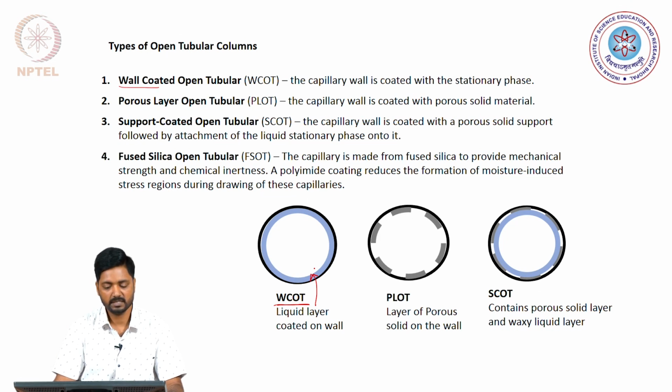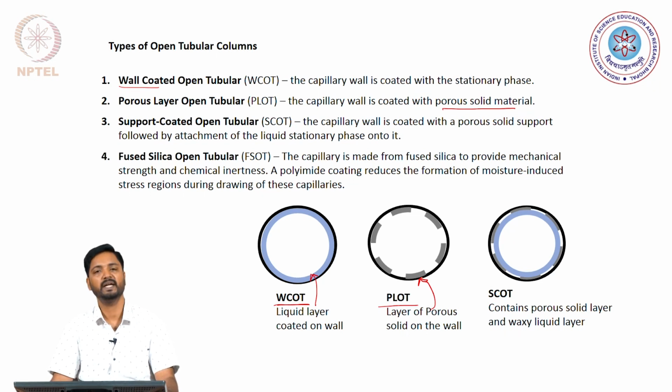The contrasting system is what is known as the porous layer open tubular, or PLOT, columns, which has a porous solid material, indicated by these gray structures, coating the inner walls of the open tubular column or the capillary that is being used as a chromatography column.